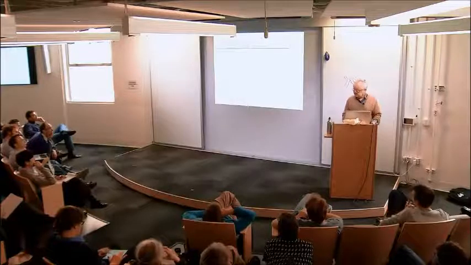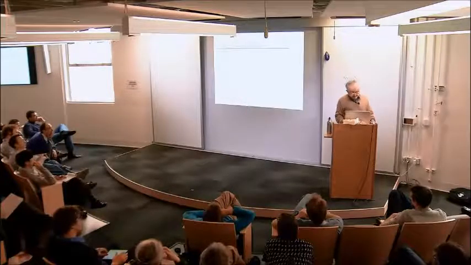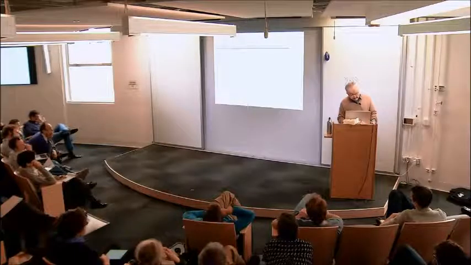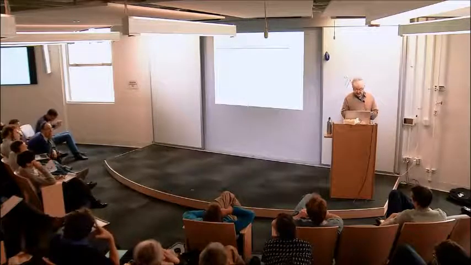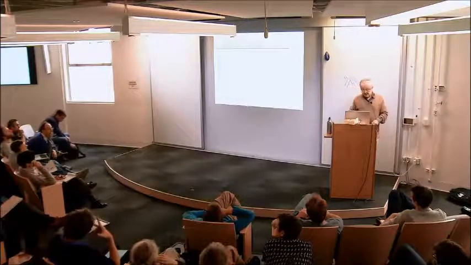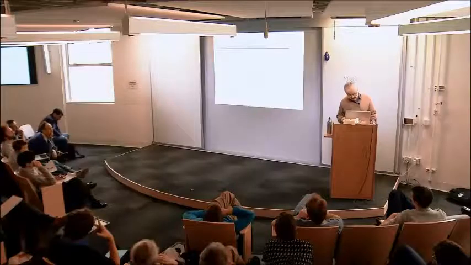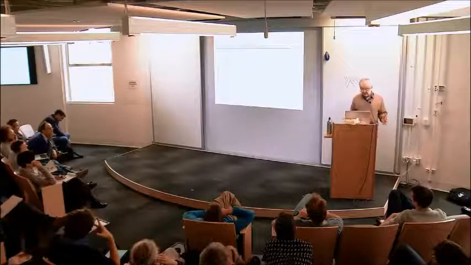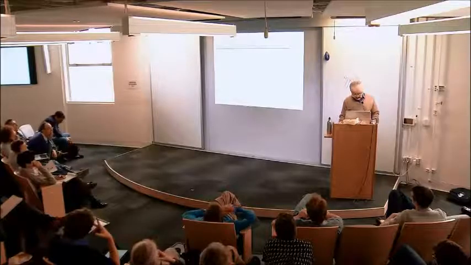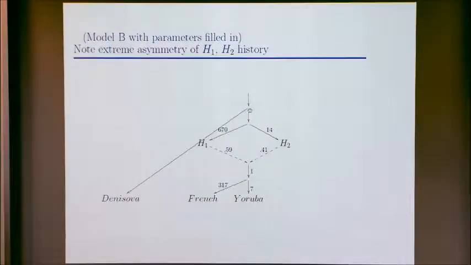I want to come back to the problems, which are many. So here's a fitted model, model B, and it's really rather an extreme model. I see this Denisova split. My current apparatus on this data does not allow me to estimate this particular drift.